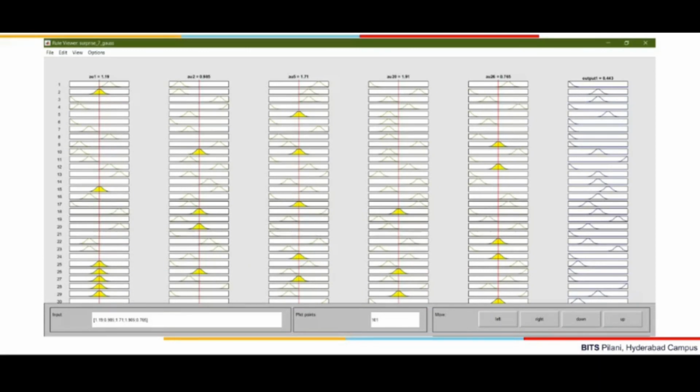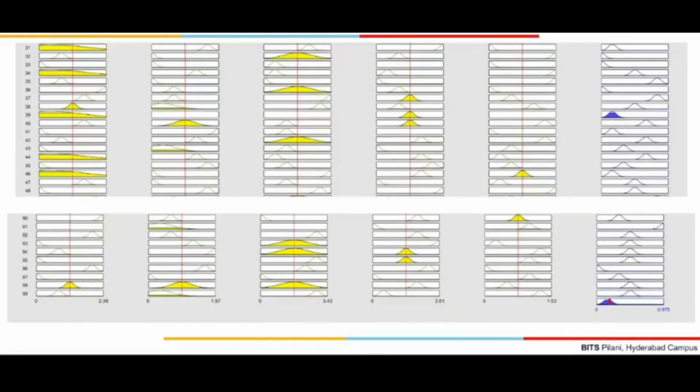Based on these rules, you have the membership rule overview, and from these rules you give the inputs of the actual observations that you get from the data set. You generate the rules, and these rules are going to give you particular outputs, and those outputs are mapped together.